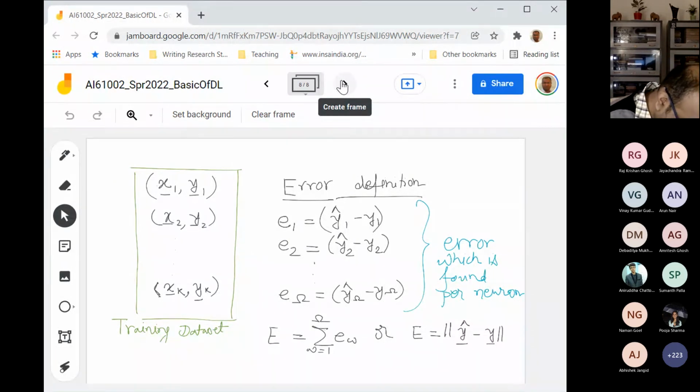So this is predicted and this is target.